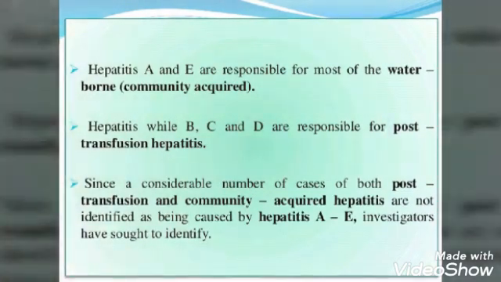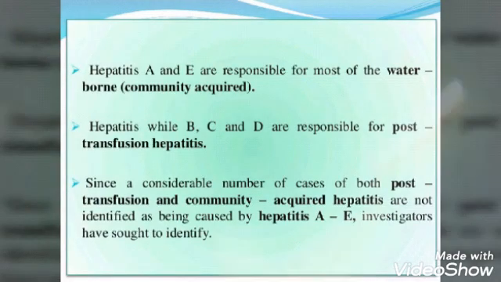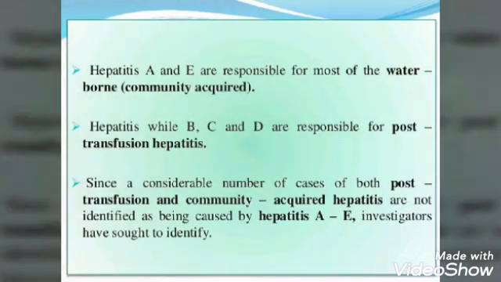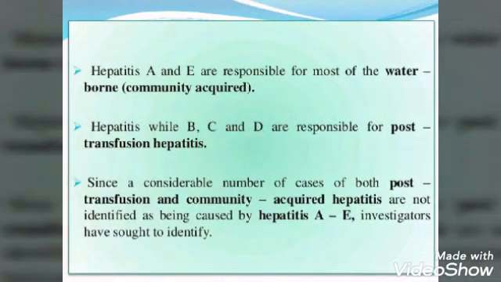Post-transfusion hepatitis means the person has a mild type of liver disease, but when the person is getting treated, later on due to prolonged suffering of the liver, he or she can develop this disease condition, A, B, C and D. Since a considerable number of cases of both post-transfusion and community-acquired hepatitis are not identified as being caused by hepatitis A and E, investigators have sought to identify other causes.